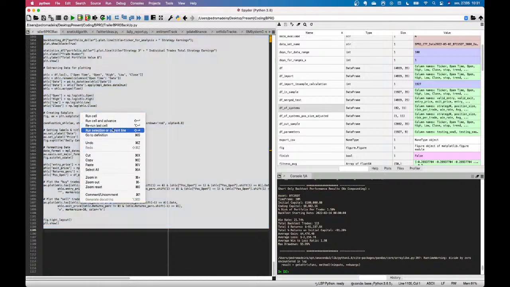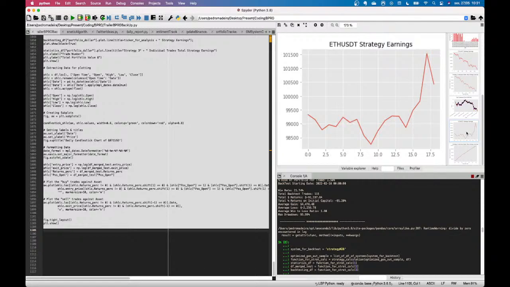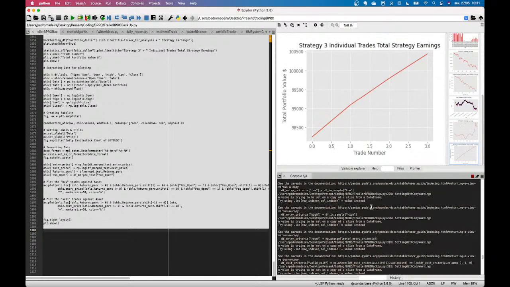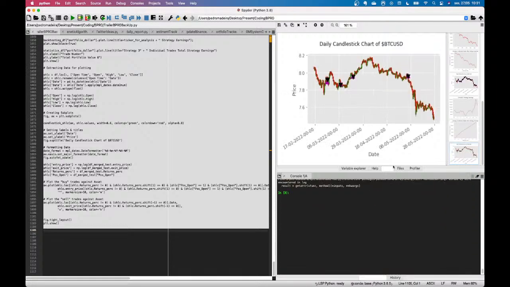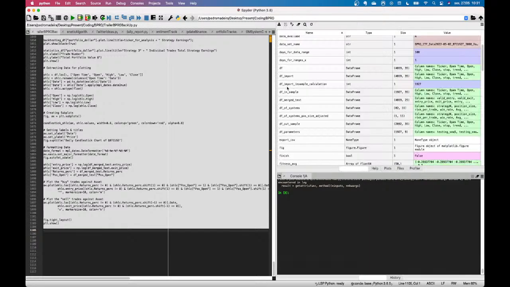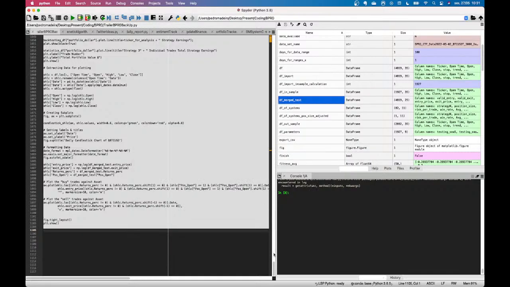Let's see how it looks. So strategy number 20 looks like this. It doesn't look good. The system didn't find anything valuable with this specific criteria.